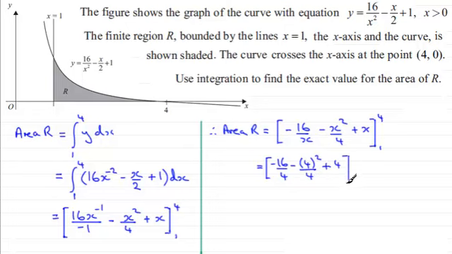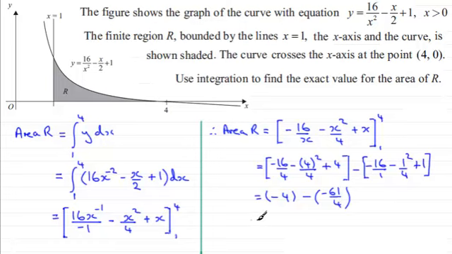Next we subtract what we get when we put 1 through this: minus 16 over 1 minus 1 squared over 4 plus 1. Working this out, you should find this comes to minus 4, and from this we subtract the result of this bracket, which is minus 61 over 4.